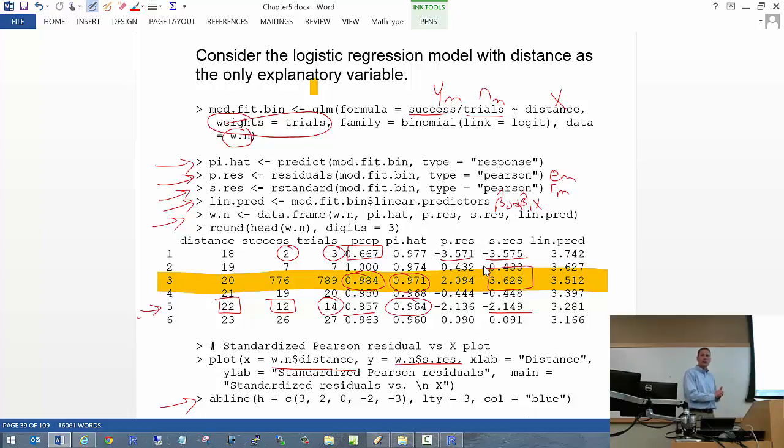Any questions about that? If the estimated pi-r was closer to the overall pi-r for the overall data, would that improve? Could you restate your question? So the estimated pi-r is 0.971. Yes.